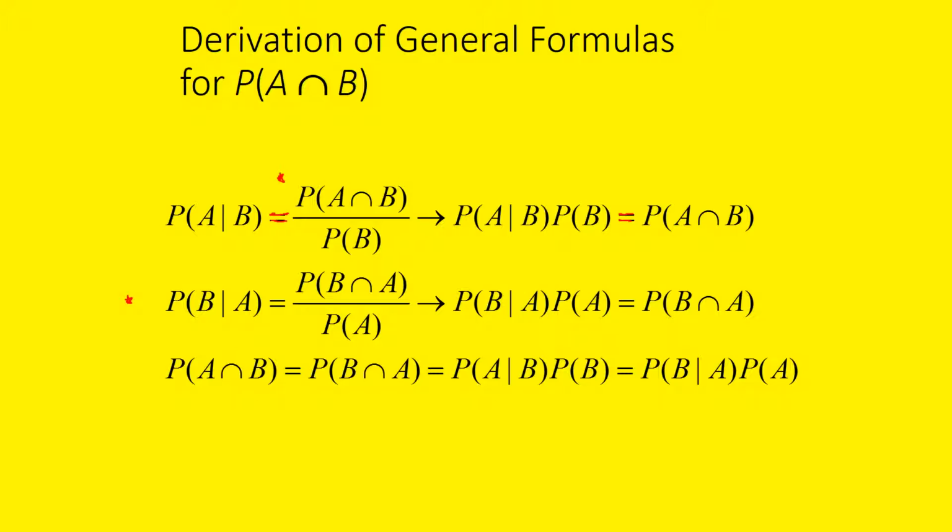Well, if you take that and you isolate the probability of A and B, it's A intersect B, but it's A and B. Sometimes you see it written that way.